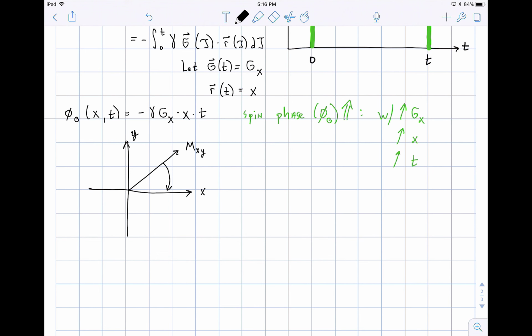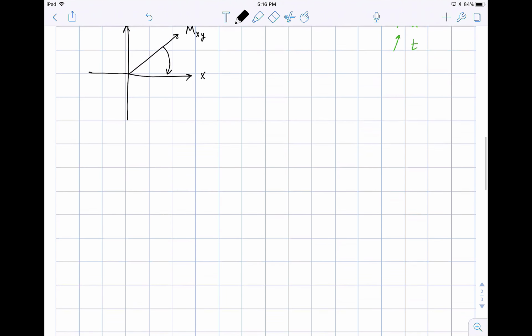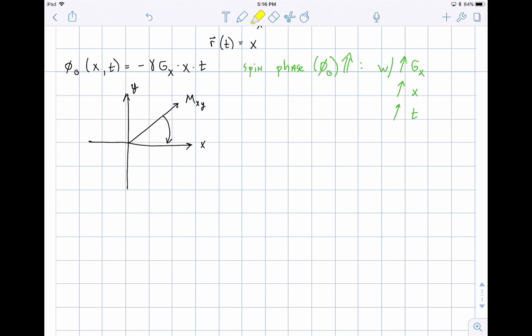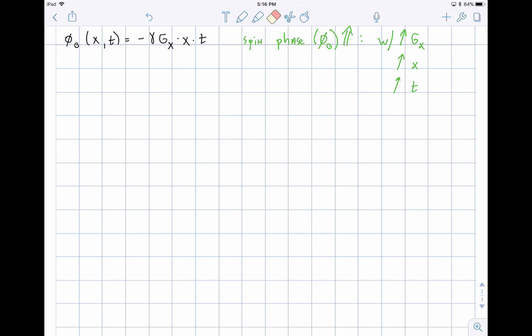Okay, so one more example of how this comes together. I'll go ahead and erase this just for space. All I'm going to do is make some simple examples from this expression, the last expression that we just wrote.